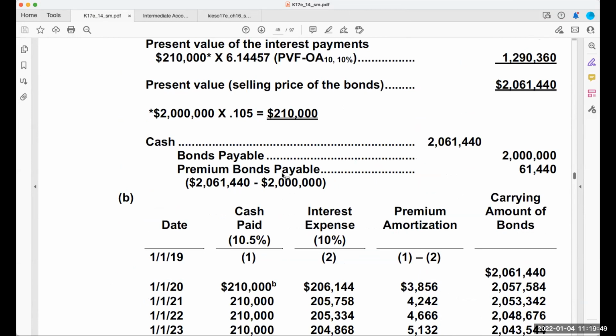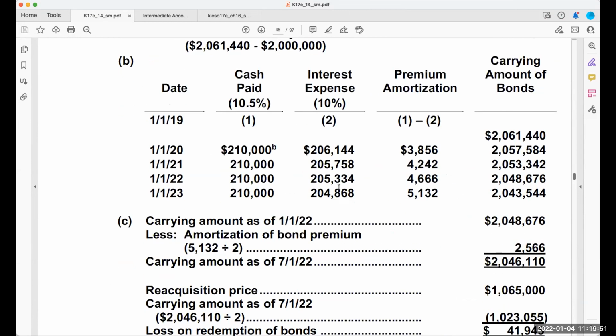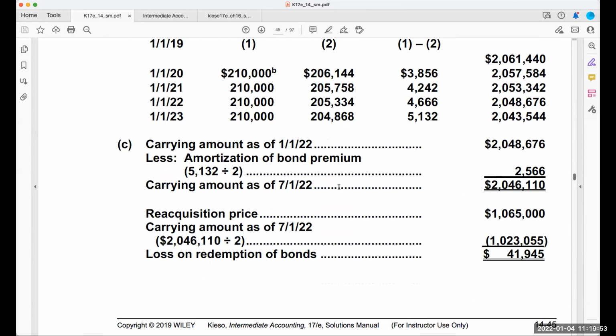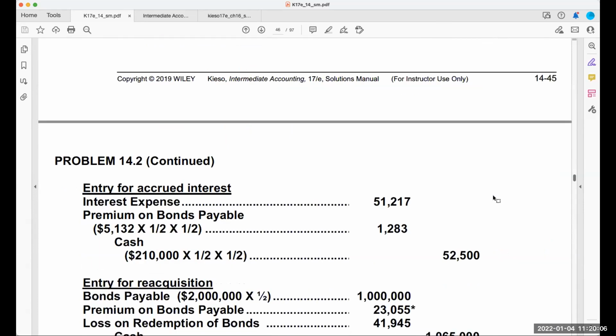This is what was confusing me. We're all good on A and B, but this is where I was getting really confused: they were showing this less the amortization of the bond premium gives you the carrying amount, but they were only doing it for half of it. And that's really what screwed me up.